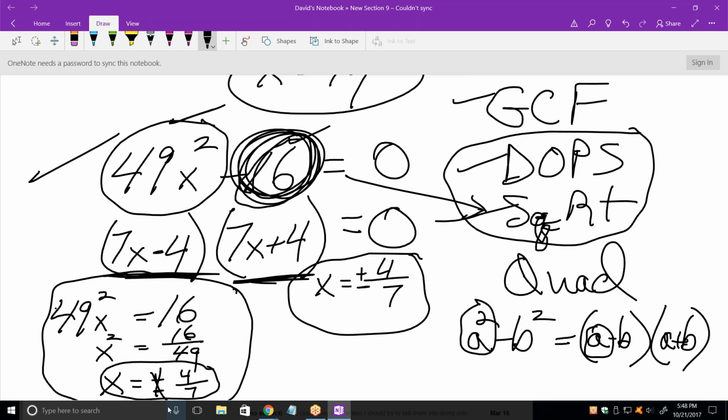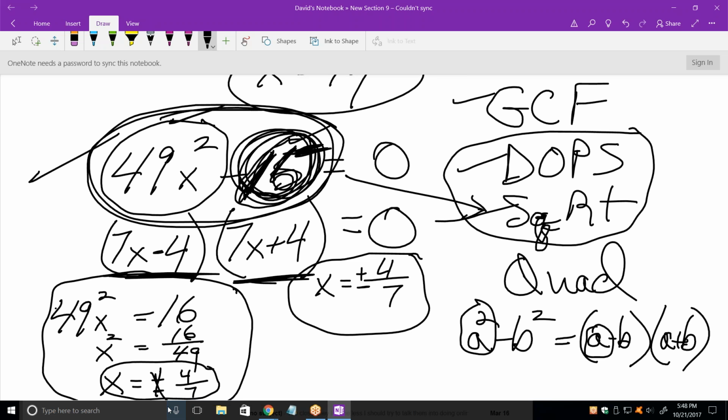The advantage of square root of both sides is you don't need it to be a difference of perfect squares. If I turn that 16 to a 15, I can no longer do the problem by difference of perfect squares because 15 is not a perfect square number.